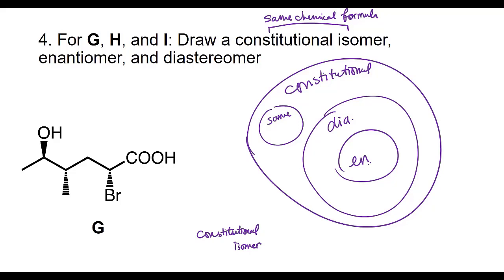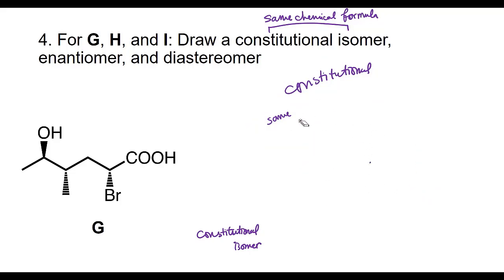Constitutional isomer means I have the same chemical formula, but I can literally do whatever I want. So for this one, I'm going to move this CH3 over to the end, move the alcohol to the end, and I get this. And then I can move my bromine too. So I have 1, 2, 3, 4, 5, 6 carbons. 1, 2, 3, 4, 5. No, I'm missing a carbon.